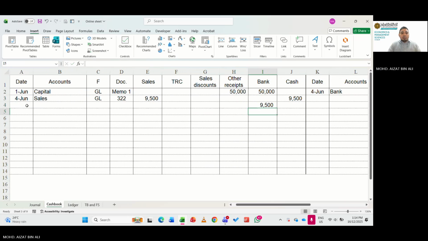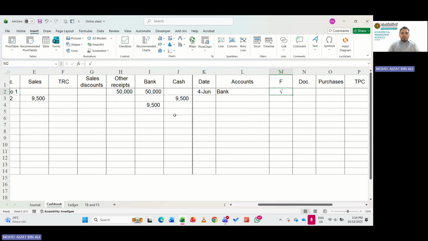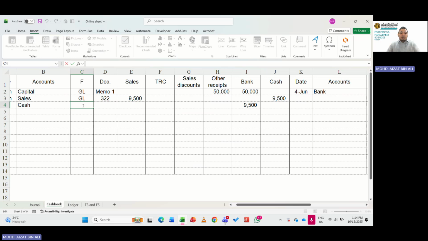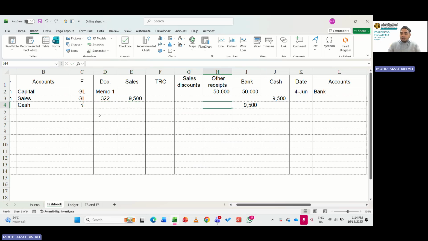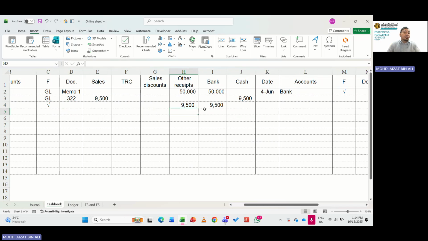And now the same date, 4th June. This is cash, and this is the contra. So we do this, and there's no document number. And the amount is 9,500 ringgit as other receipt. You see here, other payment 9,500 ringgit and other receipt 9,500 ringgit.